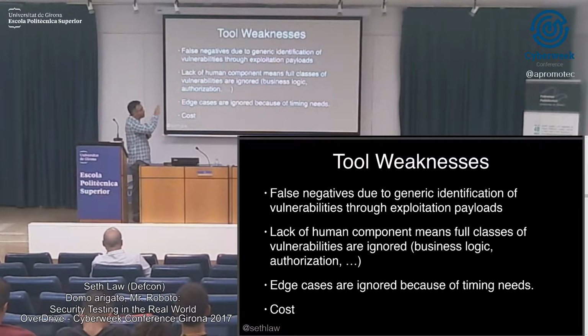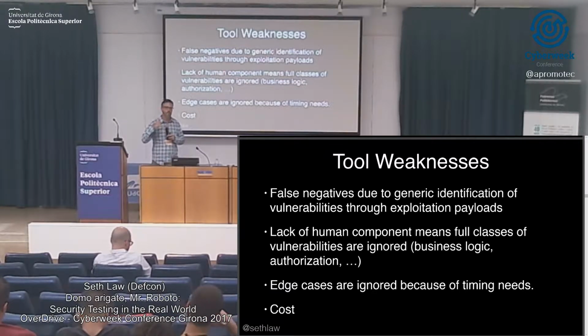They often go through generic identification. That's what I'm talking about here. The lack of a human component means that we ignore full classes of vulnerabilities. Right? It's very easy to identify something where we send data to the application and get a response back. It's very difficult when it is some sort of authorization problem or something that takes human knowledge to identify. Right? So authentication, authorization.